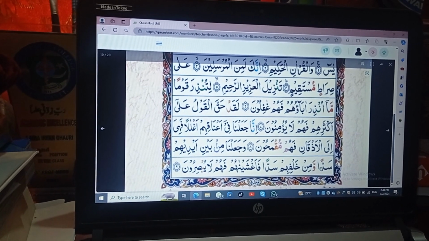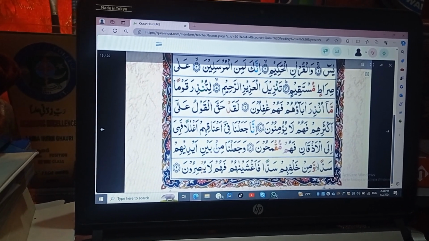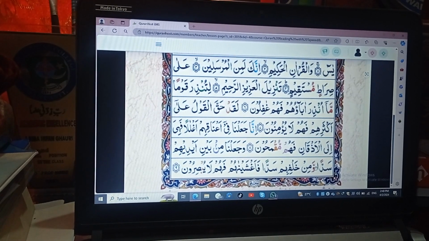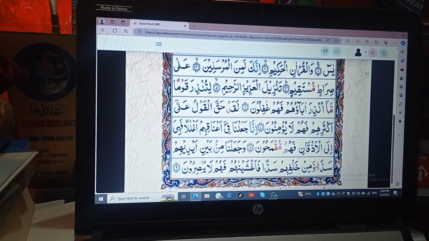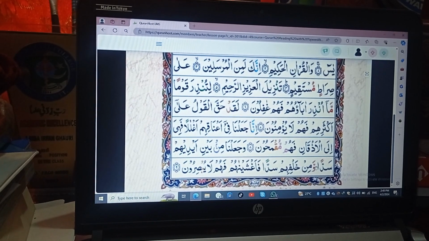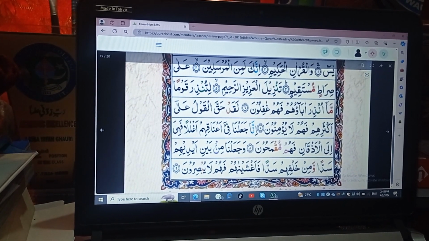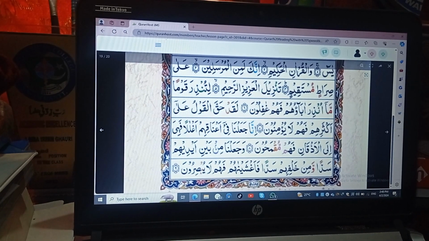For that purpose, there will also be a sign of duplication or tashdeed present over harufe yarmaloon, indicating that we have to read this letter twice, one time with the previous letter and one time with its own sound. And this whole rule is known as the rule of combination or idgham.